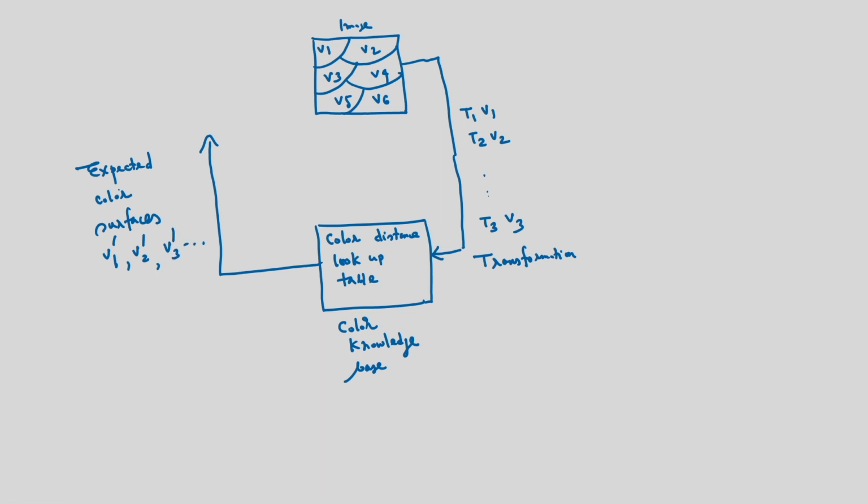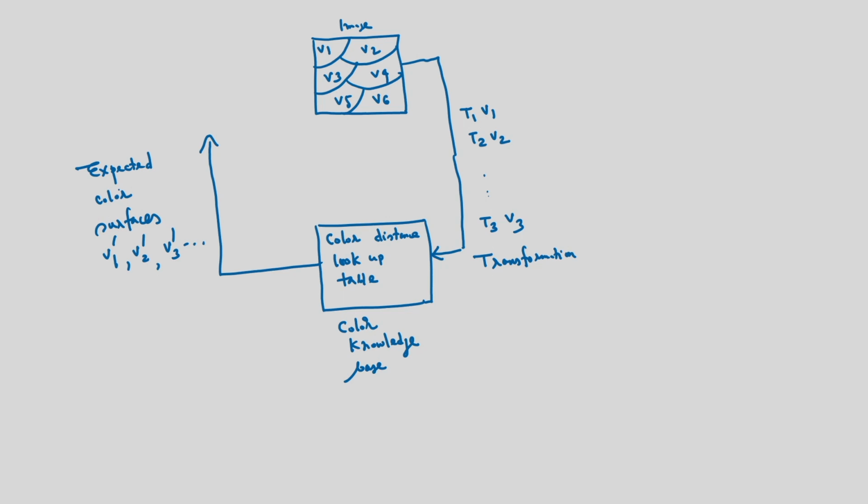So here I am giving one example of how to compensate the effect of the light source. Because of the light source, the color of the images will be different. Corresponding to this input image, suppose V1 is a particular color, V2 is another color, V3 is another color, but that is different from the actual surface color.